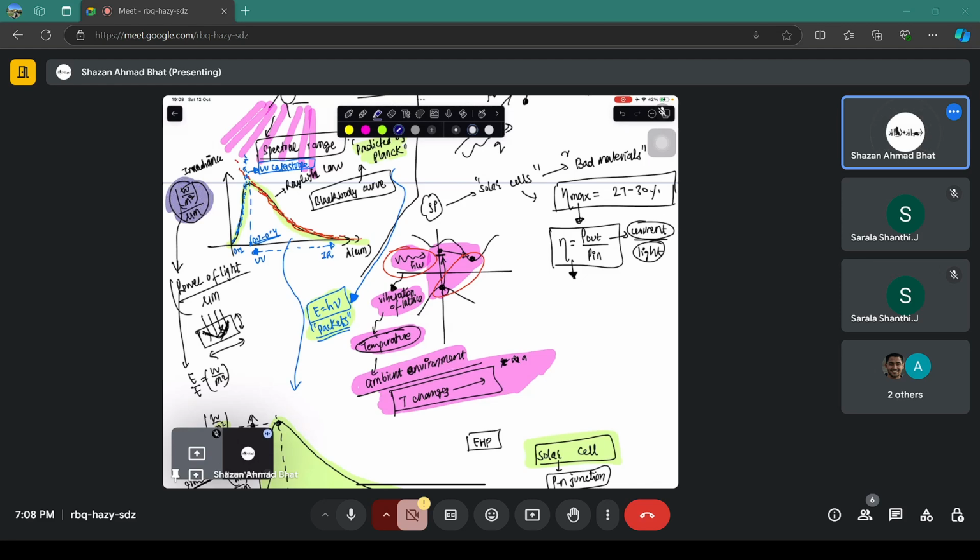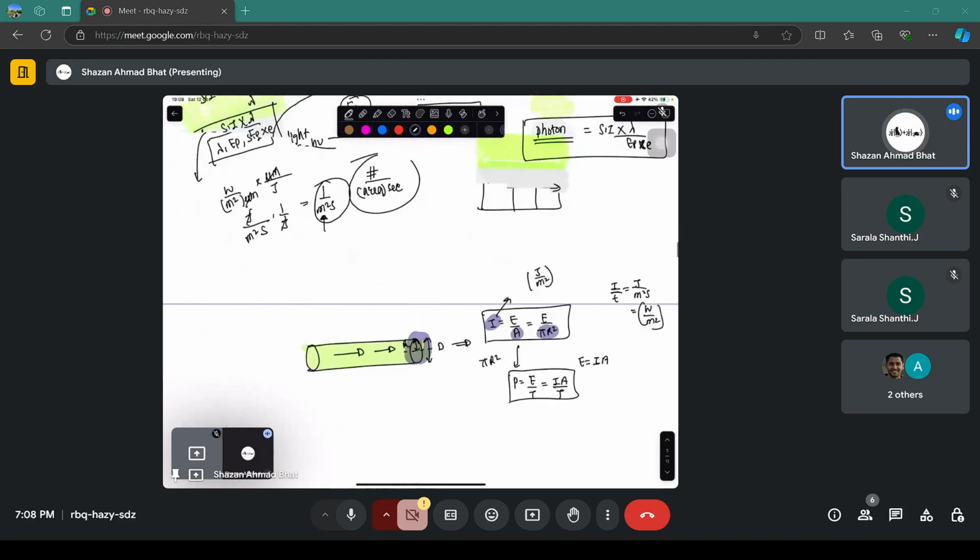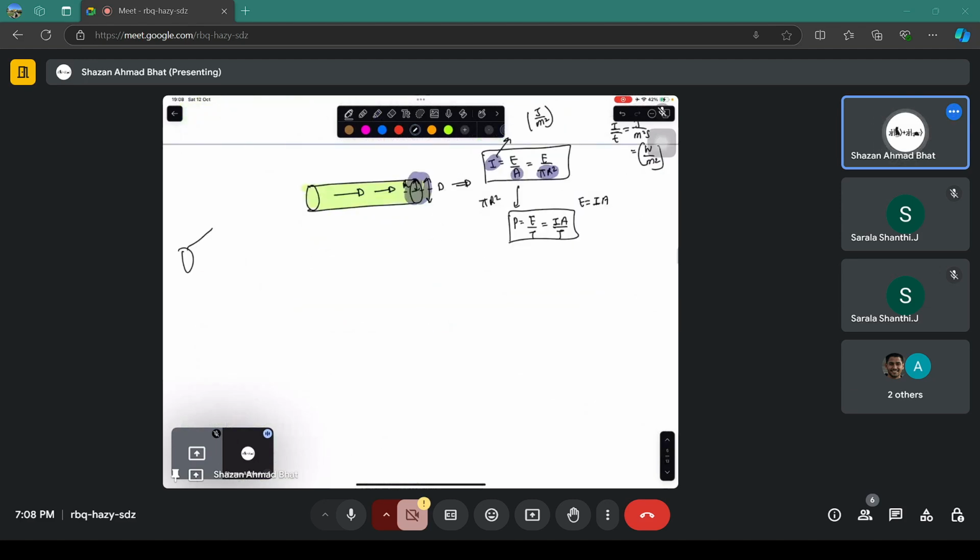That is why, if you have sunlight and you concentrate the sunlight using a lens at a particular area, what you are reducing is this beam width.